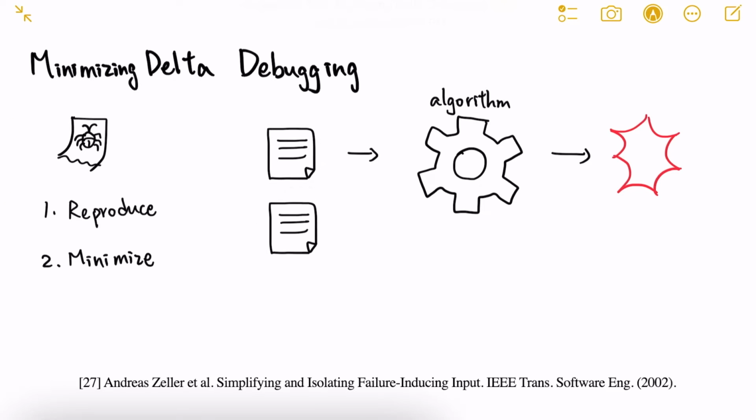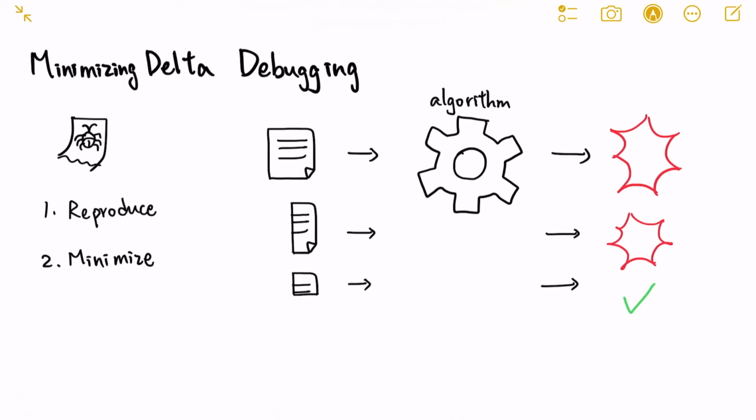The basic idea is to remove half of the test case and test again to see if the bug is still triggered. If so, then we continue to try removing another half of the test case. Otherwise, we try the other half. And if it doesn't trigger the bug either, we increase the granularity and remove only a quarter of the test case.